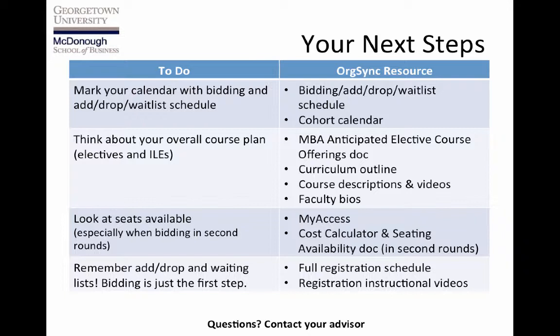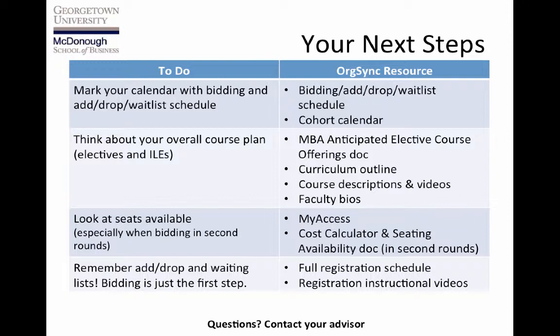You can think about your overall course plan, what you want to take, using the MBA Anticipated Elective Course Offerings document, course descriptions, course videos, faculty bios. Don't forget to check seating availability in the second or subsequent rounds of bidding when there may be just a couple of spots left in certain courses. Remember, in those instances, you're more likely to spend the full amount of points that you bid. So take a look at that and bid wisely.